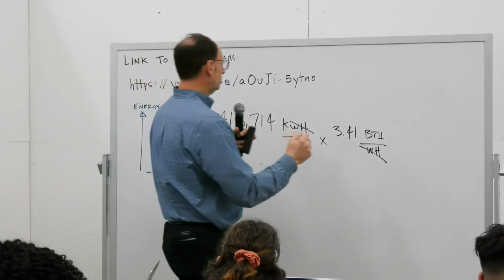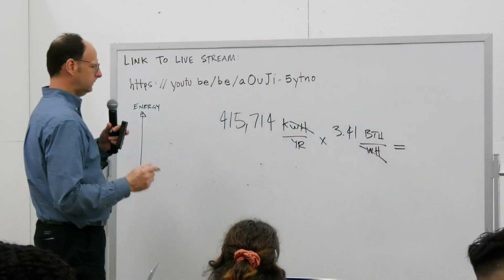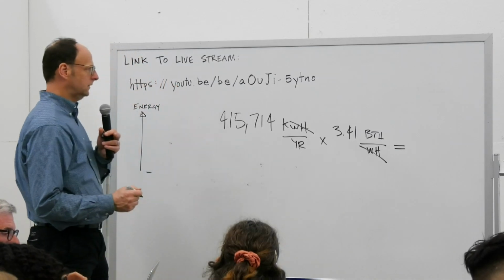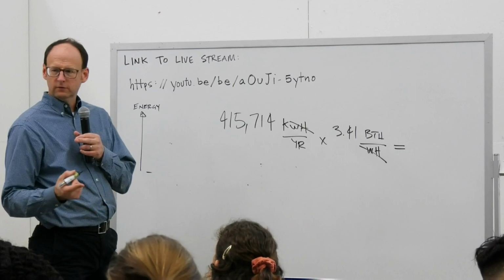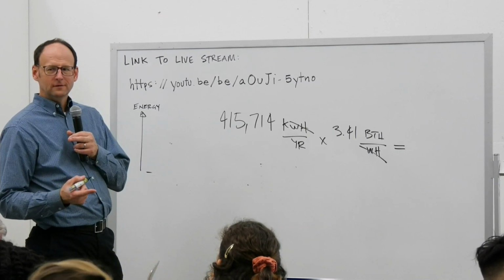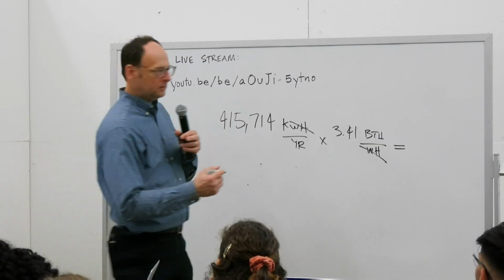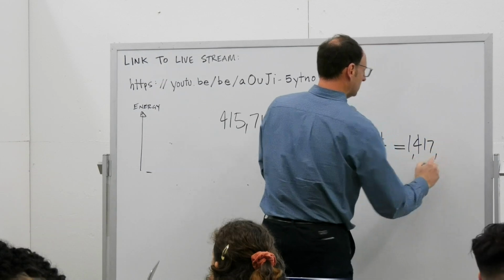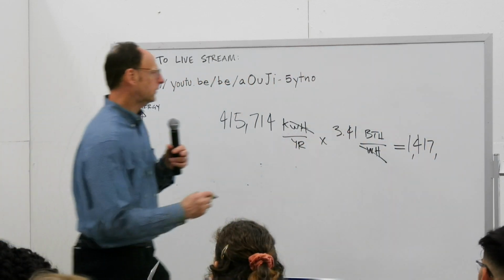And Bill, would you do this for me? So we'll take the 415,714 times 3.41. Actually, you're the San Francisco. You're going to have the same answer for me. 1,417,584.